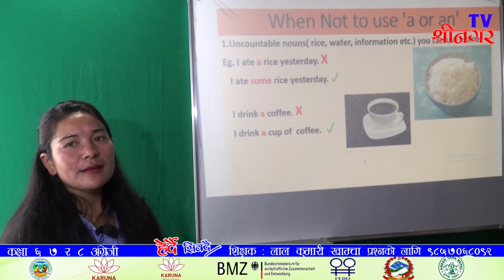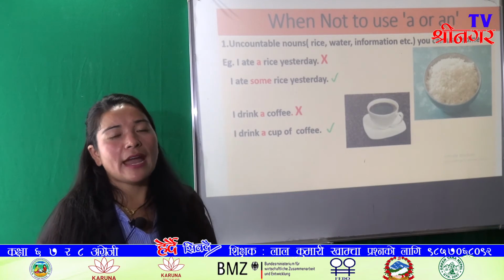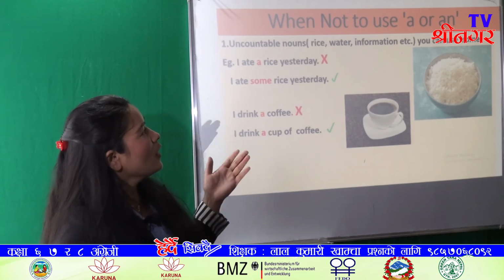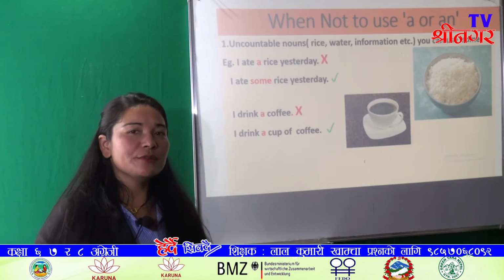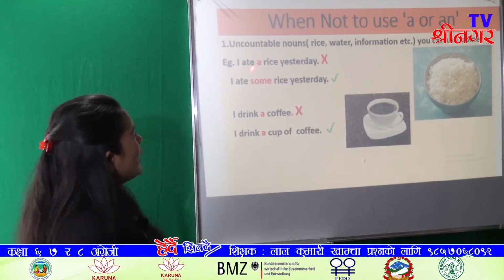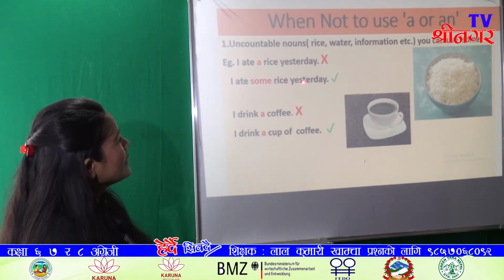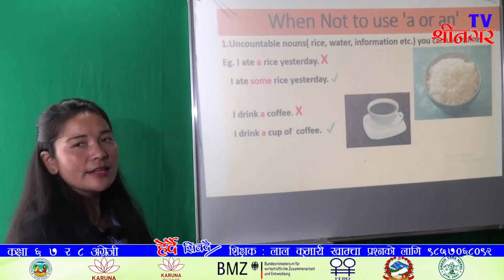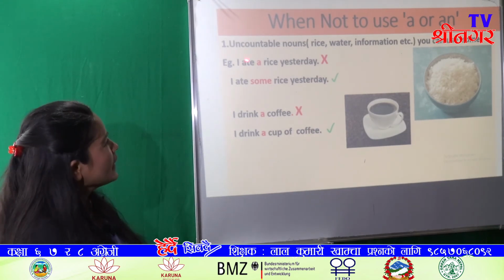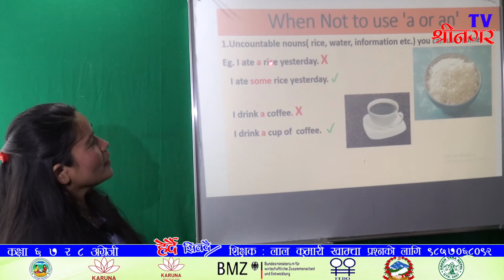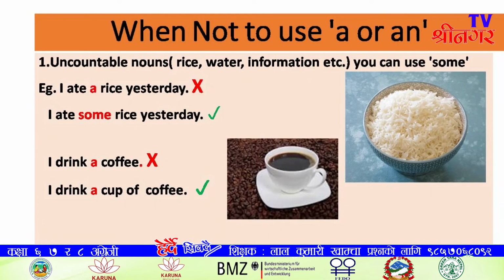In place of "a" or "an" before an uncountable noun we can use "some". So, "I ate some rice yesterday." This sentence is correct, but we cannot say "I ate a rice yesterday."